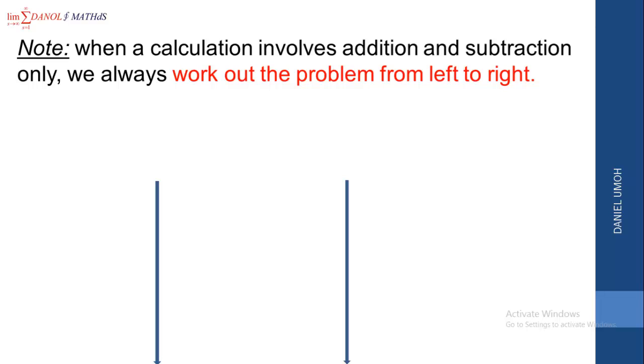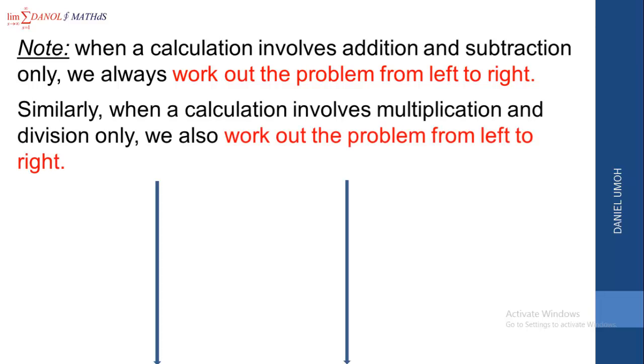Whenever any calculation involves addition and subtraction only, because they have equal strength, the rule says work it out from the left to the right. Similarly, because multiplication and division have equal strength, whenever a calculation involves multiplication and division only, we also work out the problem beginning from the left to the right.